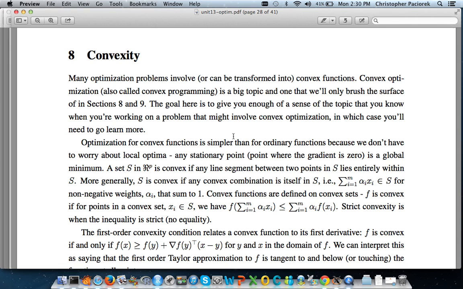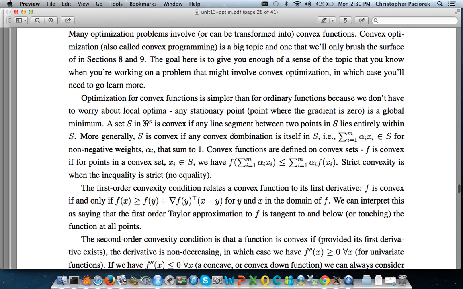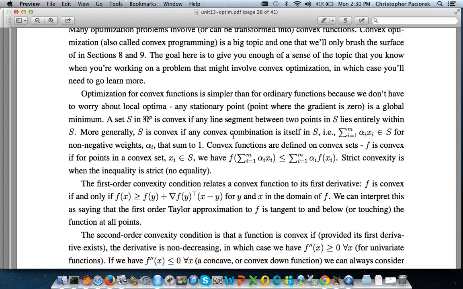But I want to give you a sense for what goes on here and when you might have a problem that involves convex optimization. The reason why convex optimization is nice is because if you have a convex function that you're trying to find the minimum of, there's only one minimum, and it is the global minimum.